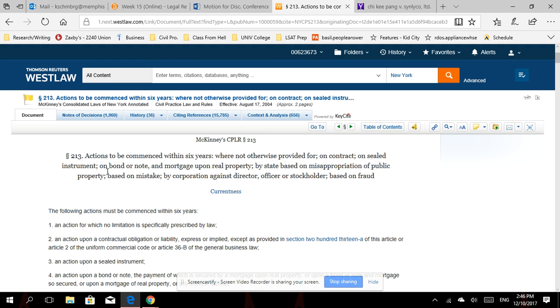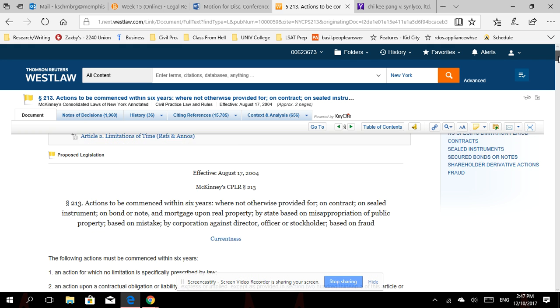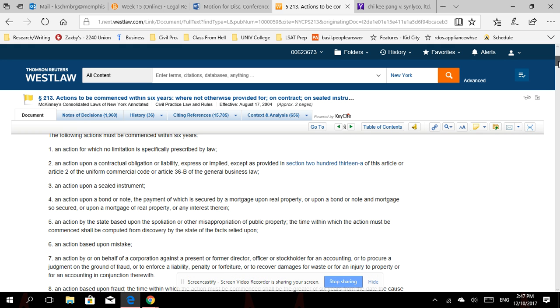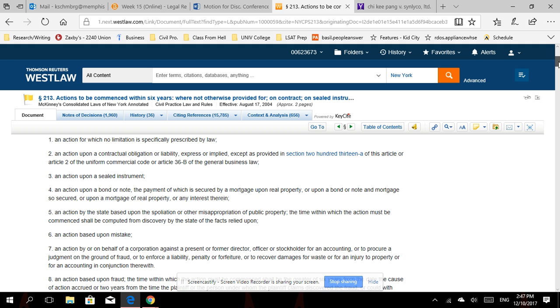That backs up what the statute of limitations is for, and what must be done within the 6 years, whether it's a contract or anything else. It gives you a further explanation as to what can be done within the 6 years for whatever your issue may be.